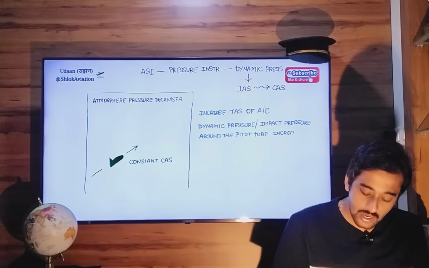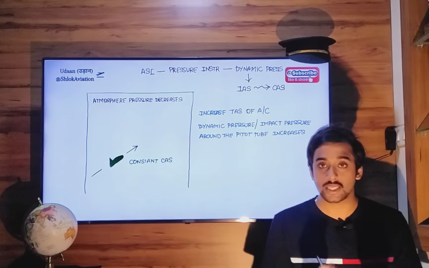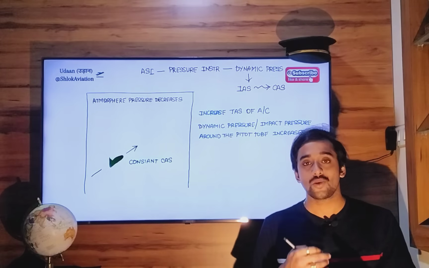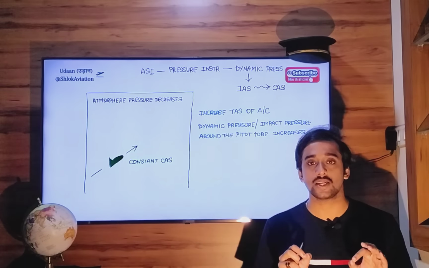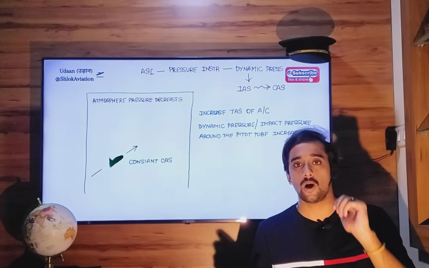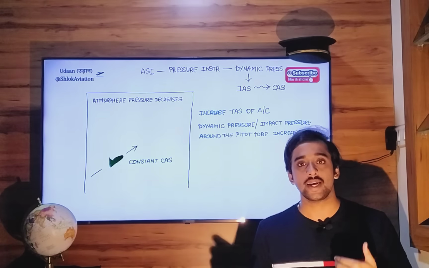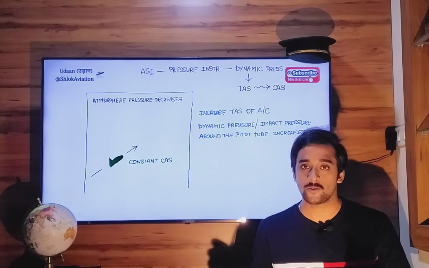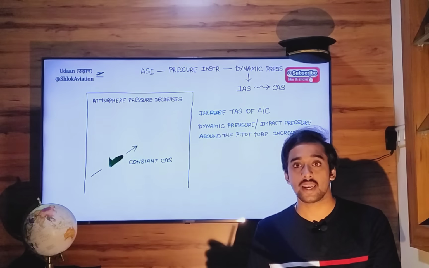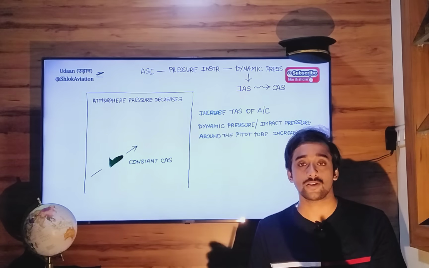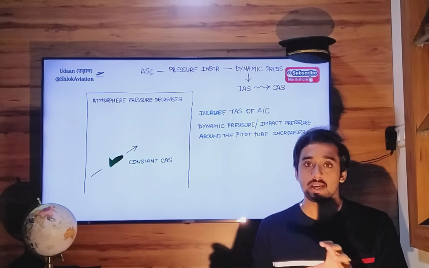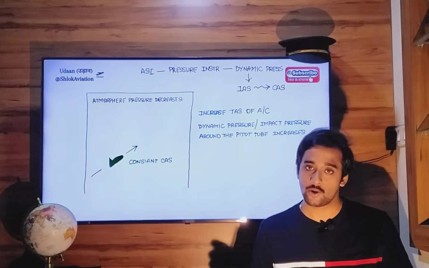Now this additional dynamic pressure, this increment in dynamic pressure, will compensate for any decrease in static pressure as you climb to higher altitudes. So that's why we are deliberately increasing the true airspeed of your aircraft to get additional dynamic pressure, which compensates for any decrease in atmospheric pressure as you go to higher altitudes.